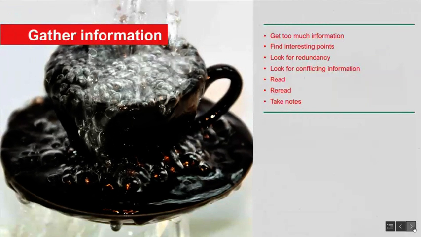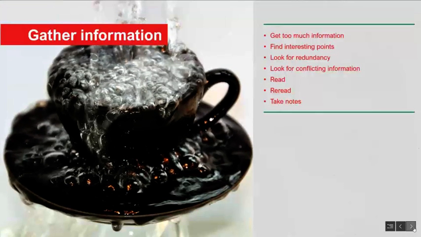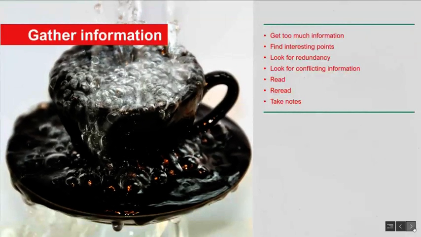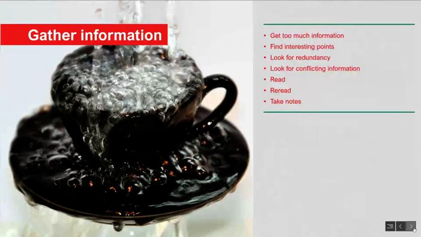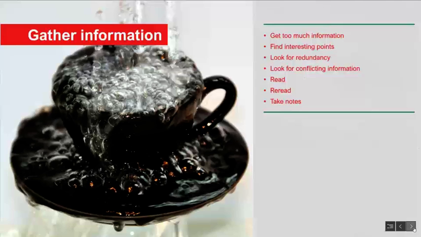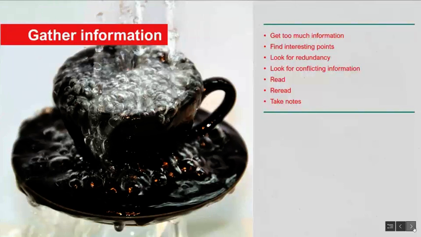And after you have a stack of however many articles you feel is enough, look for the redundancies within the articles. Sometimes you're going to find an article that is almost word for word from another article, and that's because, as I mentioned before, it kind of comes off the AP wire.